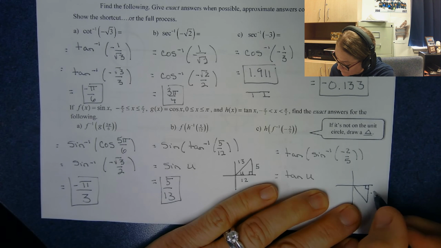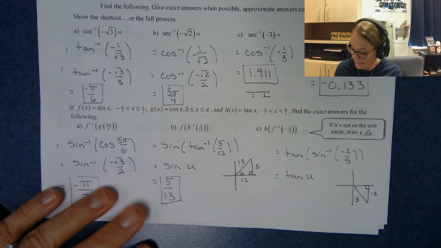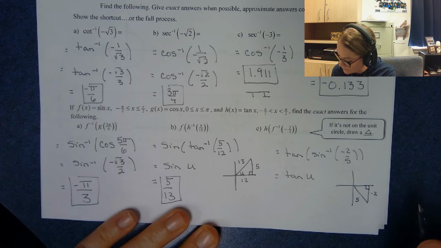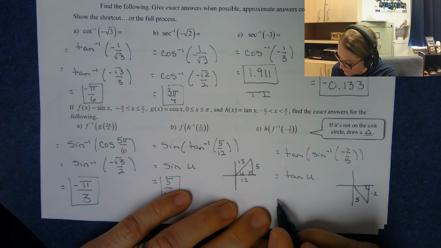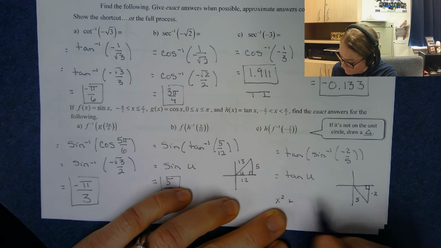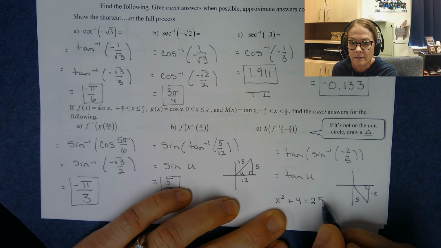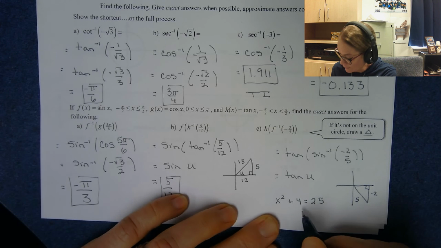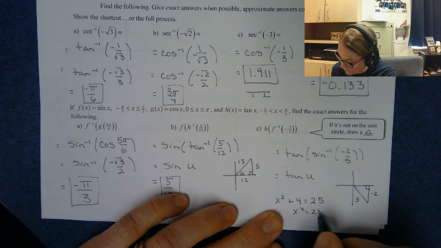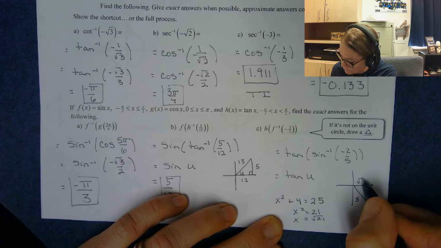This is opposite over hypotenuse, so we have to do a little Pythag work. x squared plus 4 equals 25, since I squared the 2 and squared the 5. x squared equals 21, so x equals root 21.